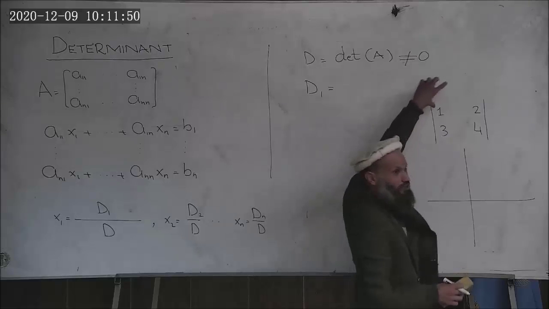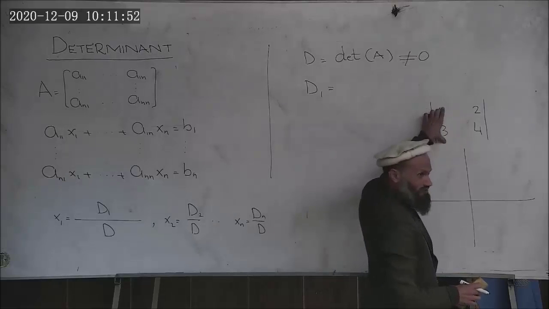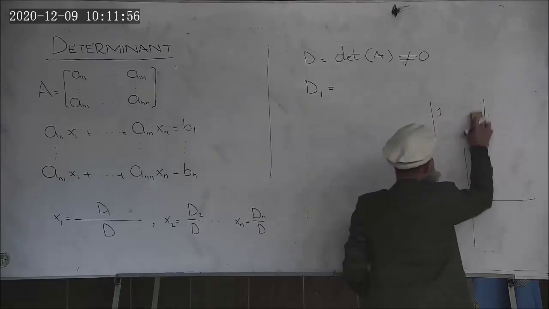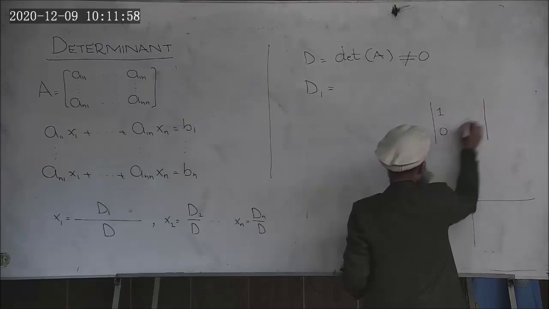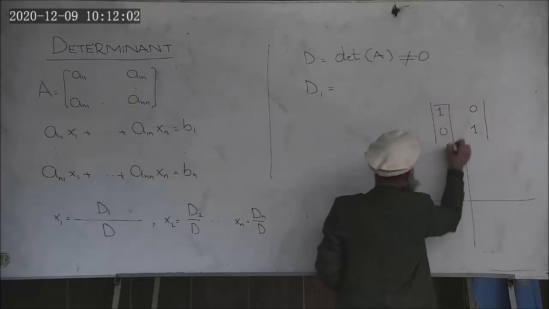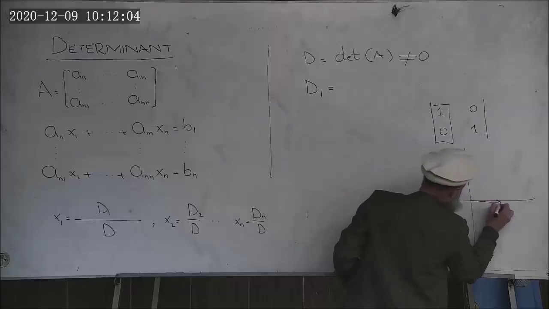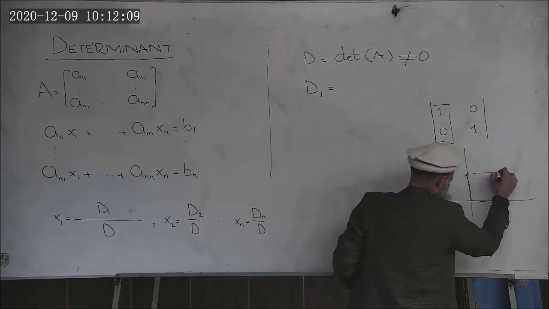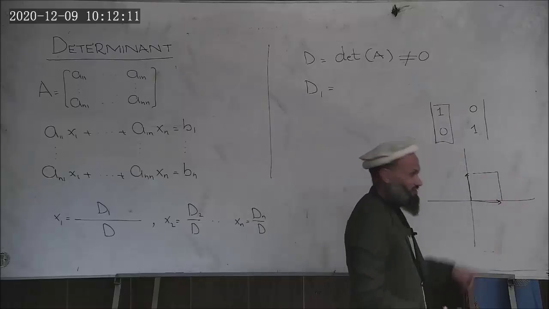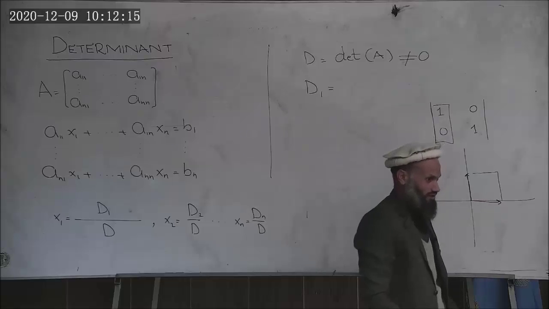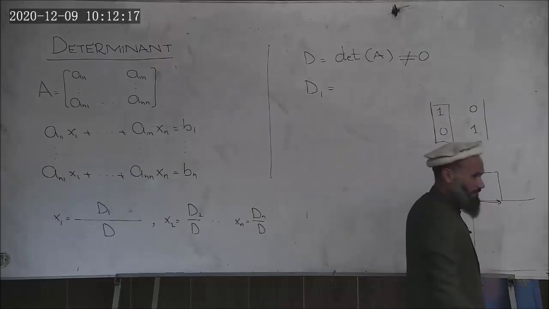It is a parallelogram. So the determinant is the area of a parallelogram. Let me first talk about the simple case. So what is this vector? 1, 0 is this vector, and 0, 1 is this vector. So here the determinant is the area of this rectangle, in this case a square. So 1 multiplied by 1.